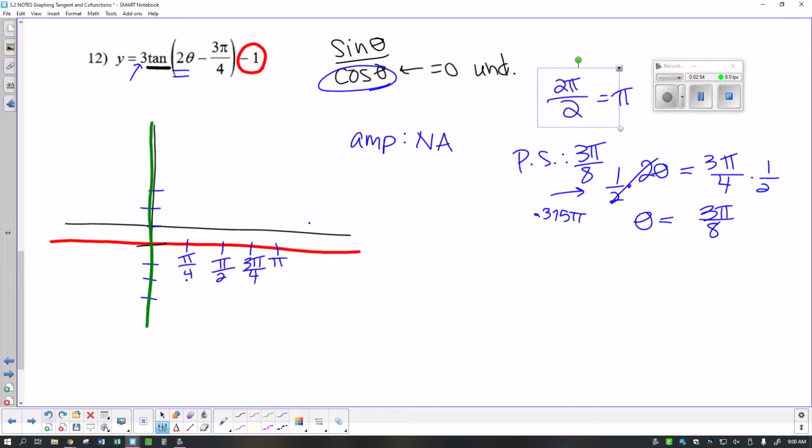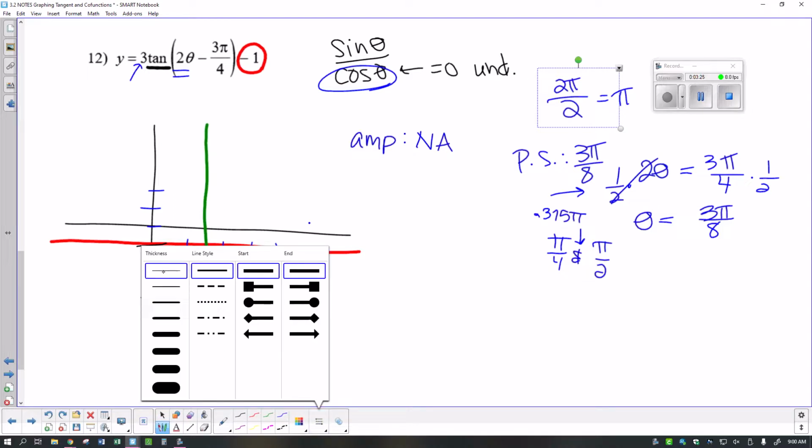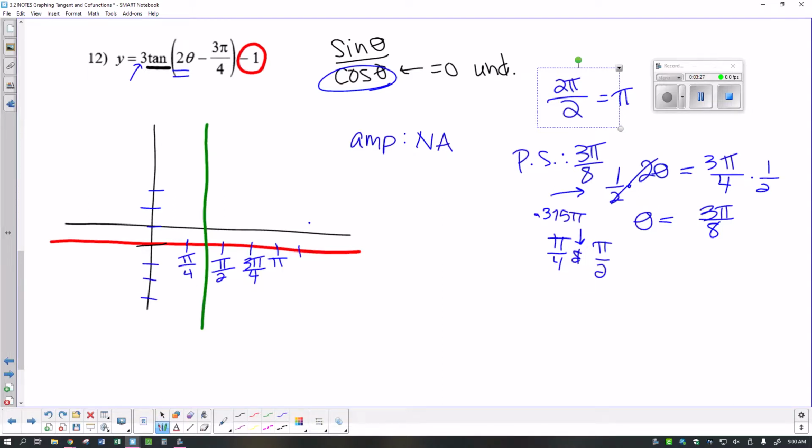Think about it: pi over 2 is 0.5, and pi over 4 is 0.25. So it's got to be between pi over 4 and pi over 2, somewhere in between there. So I'm going to move my axis in between pi over 4 and pi over 2.